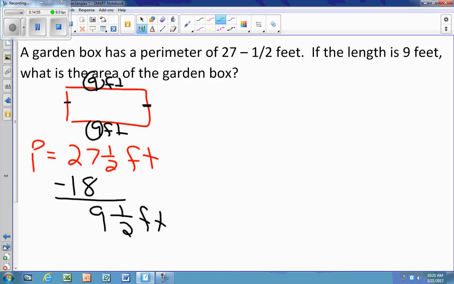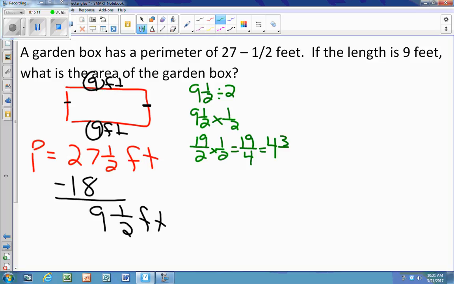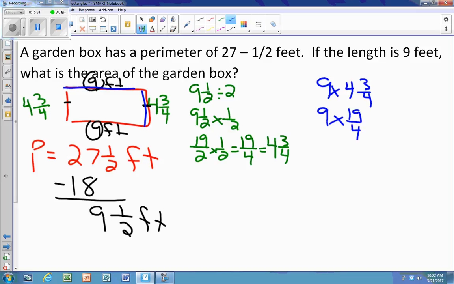So we take our 9 1/2 feet and we divide it by 2. So we keep, change, flip, make an improper fraction, and we end up with 4 3/4 for each side. Then to find the area, we have to do the length times the width. So we have 9 times 4 3/4, which is 9 times 19/4. And we're going to multiply that out.